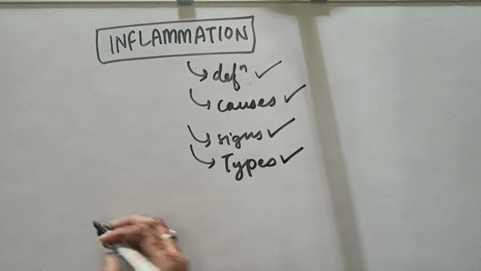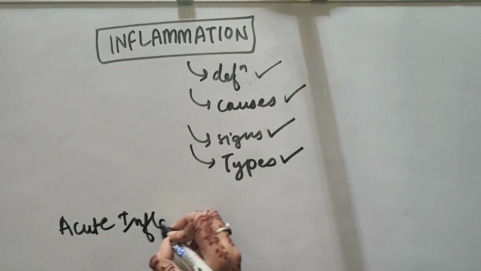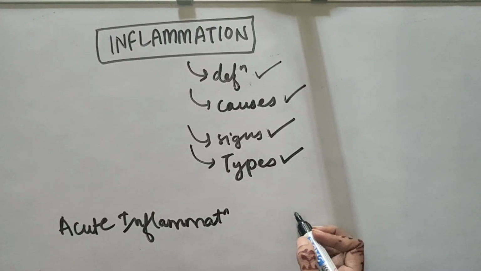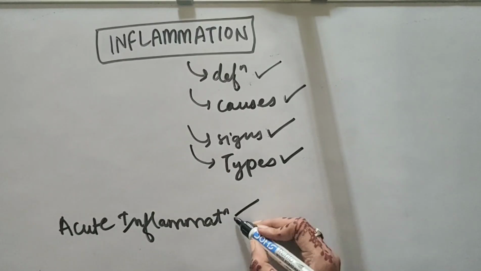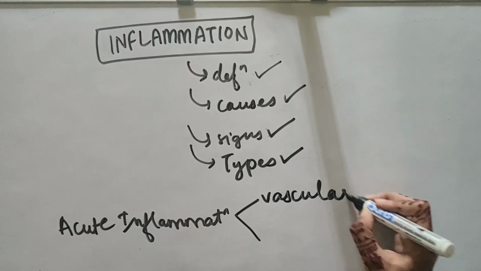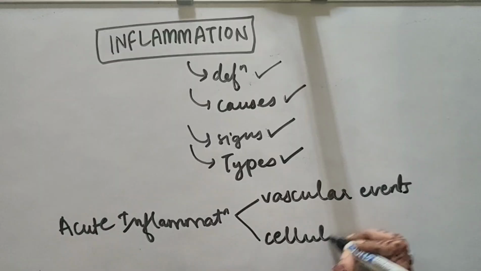And in the next video, we are going to learn about acute inflammation, that is the acute inflammatory response, and its 2 components, the vascular events and cellular events.